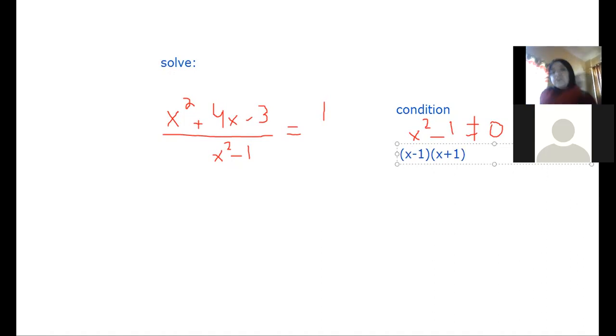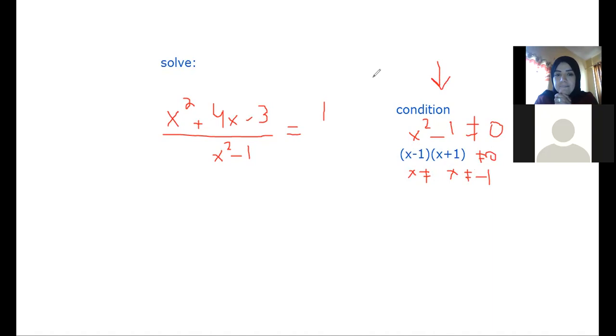So you factorize. Yes, factorization. So x shouldn't be 1 and minus 1. Excellent. Now you can do the normal thing. You can continue the equation, but the condition you have to do without even being asked. How do you solve this equation?